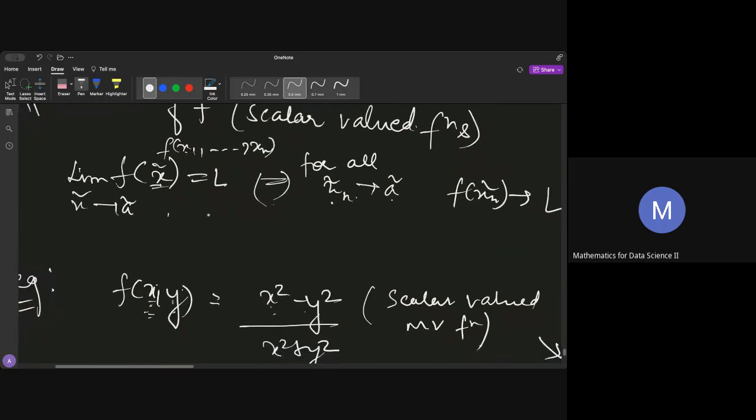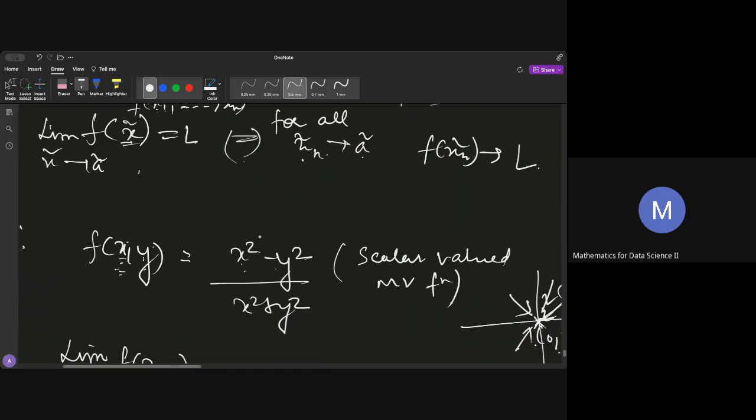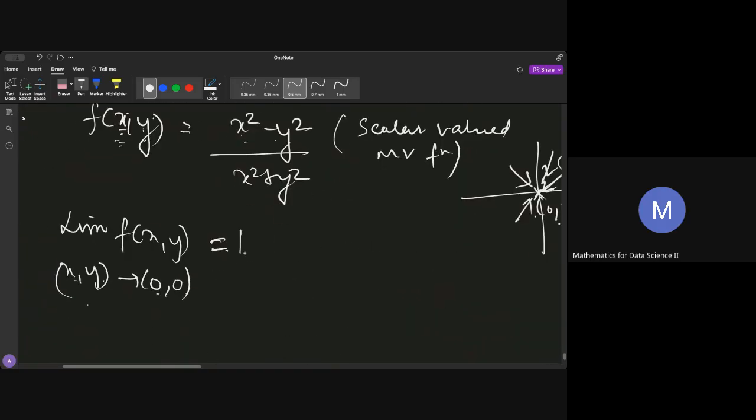So if I have to find the limit of this thing, and if the limit exists, let's say the limit is equal to L, what does it mean?